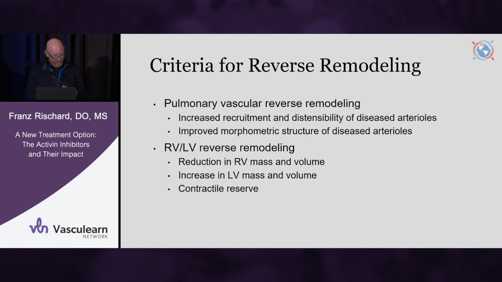So increased LV mass, increased LV volume, reduced RV mass, and reduced RV volume, theoretically towards normal would mean reverse remodeling, hopefully. And that the heart is able to respond to stress.